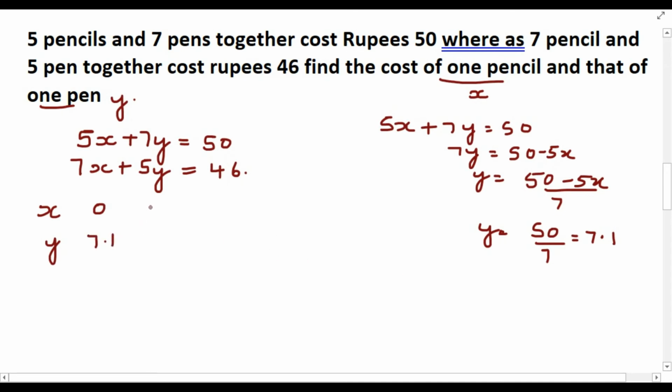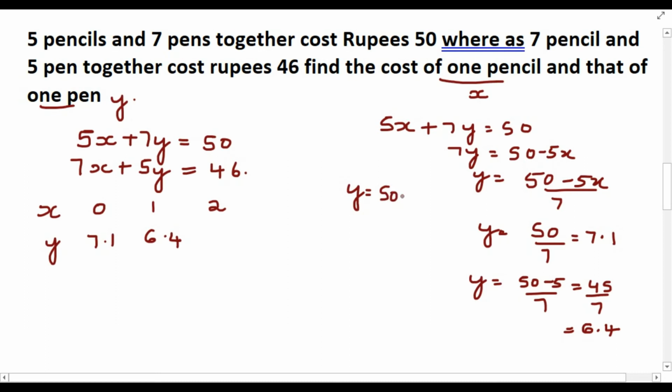When X is 1, what will be the value of Y? When X is 1, the value of Y will be (50 minus 5) by 7, that is 45 by 7, which is equal to 6.4. Same way, when X is 2, what will be the value of Y? 50 minus 10 divided by 7, that is 50 minus 5 2s are 10.